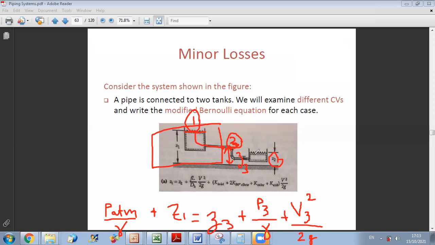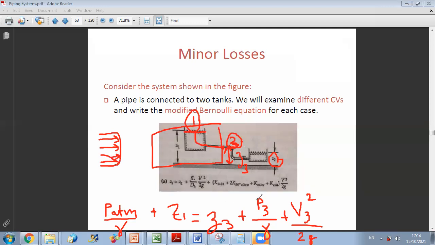Since here we assume it's a turbulent flow, whenever you have a turbulent flow, the average velocity is nearly equal to the velocity at the center line, because the velocity profile in turbulent flow is nearly flat like this. So you can consider that the streamline velocity is equal to the velocity at the center line.